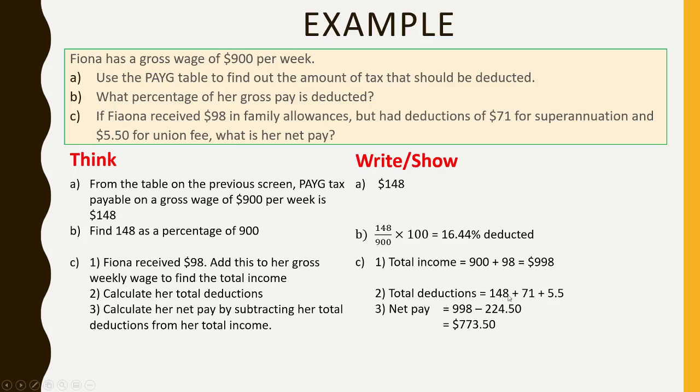Total deductions, 148, our PAYG, 71, our superannuation, and $5.50 for the union fee. When we work out net pay, 998 minus $224.50, which is our total deductions, is $773.50.